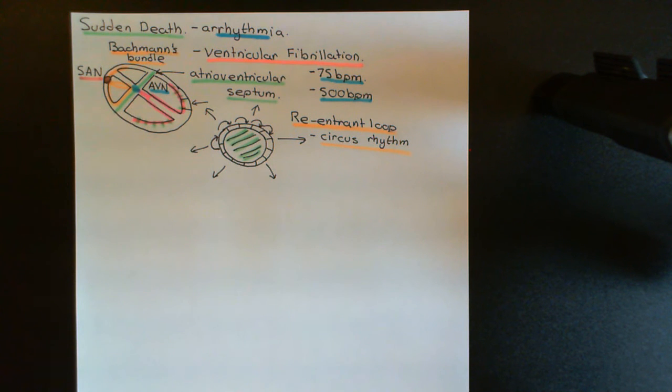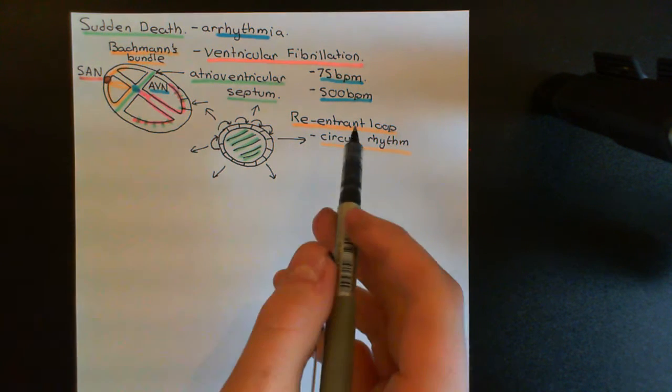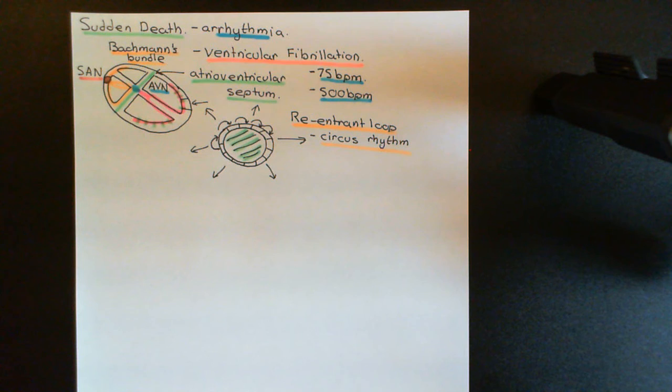So this is one of the things that you can get established around an area of dying myocardium. That's one of the reasons you can get electrical signals being generated in the ventricles at ridiculous rates when you have a portion of ischemic myocardium, because you can get these reentrant loops forming, which can then give rise to circus rhythms.